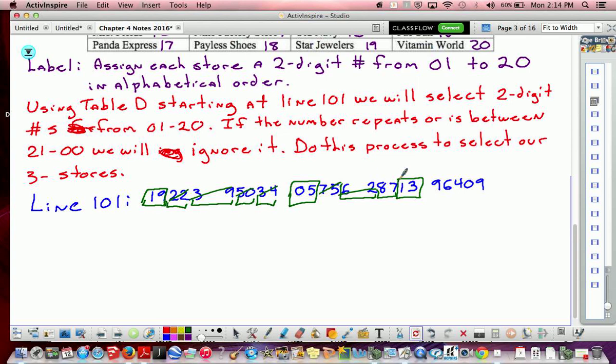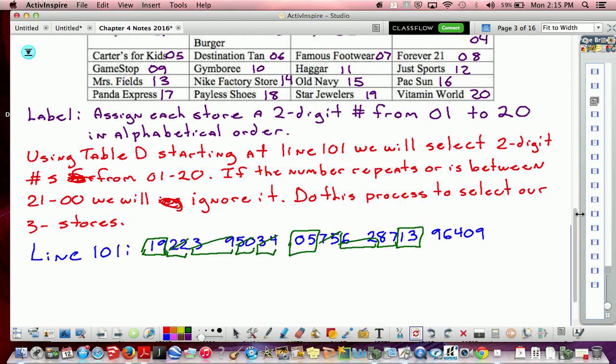So the question becomes, what are those 3 stores? And that's what you want to state at the very end. So, Star Jewelers was selected. Carter's for Kids. There you go, Carter, you were selected. And 13, Mrs. Fields. Nice. Get some cookies.